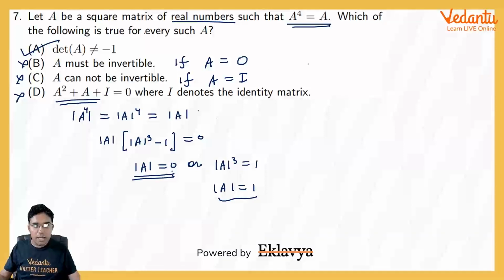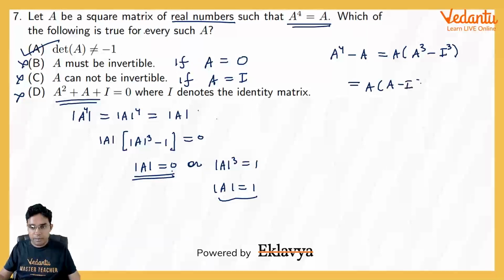Actually, how they have obtained this: if you write A power 4 minus A and then take A common, A cube minus I, and writing I as I cube, and then write factors like this, A minus I, another factor as A square plus I square plus A into I. Okay, and this is equal to null matrix.